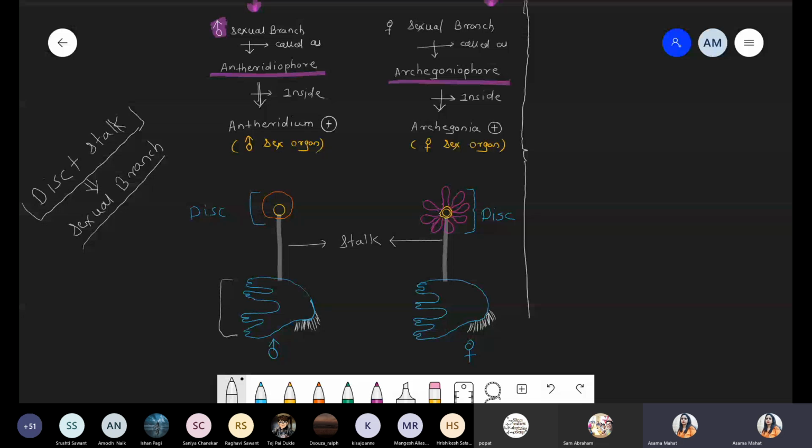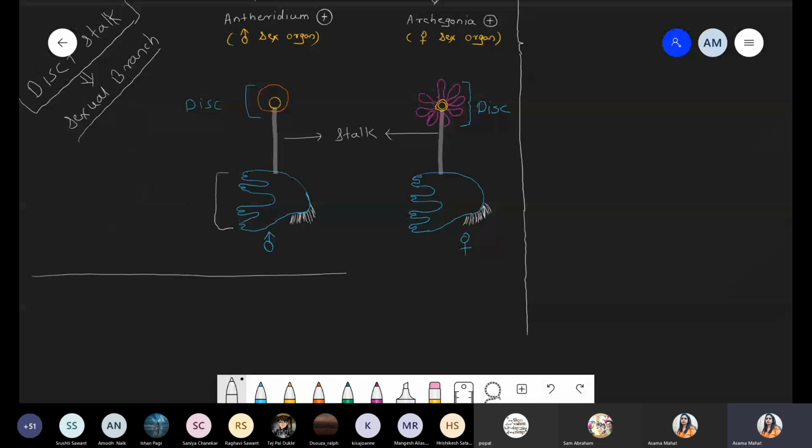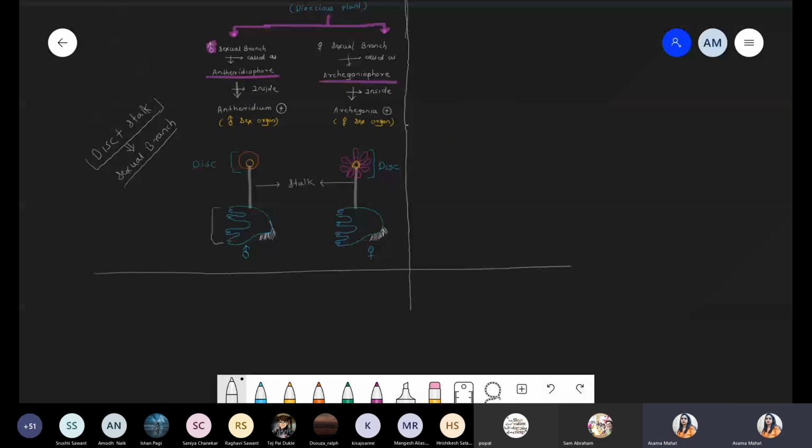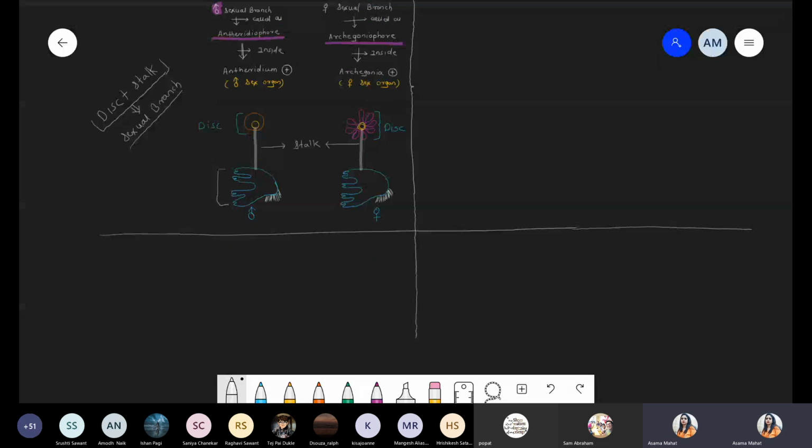The next point is the sporophytic body. Again back to the pavilion, we are taking the difference between the liverworts and the mosses, continuing this point. So what is the next number? I think 1, 2, 3, 4, these are the 4, right? So we are talking about the fourth point.